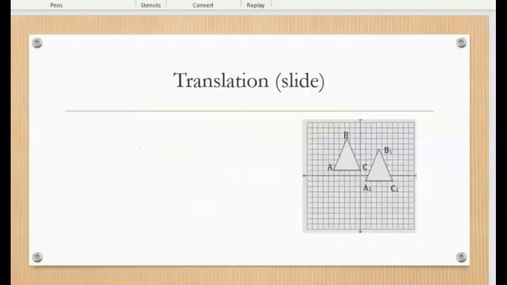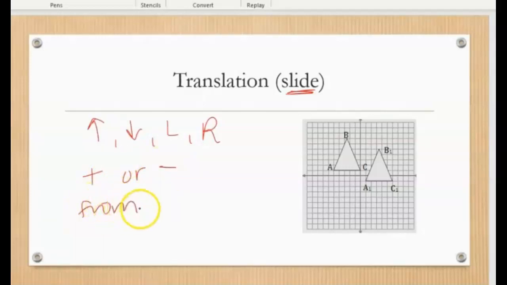All right, next is a translation. This is the slide. This is where you're just moving it up, down, left, or right. And when you're doing that, all you're doing is adding or subtracting from the x and the y. This is sort of the most traditional transformation.